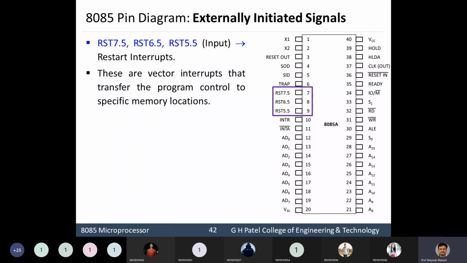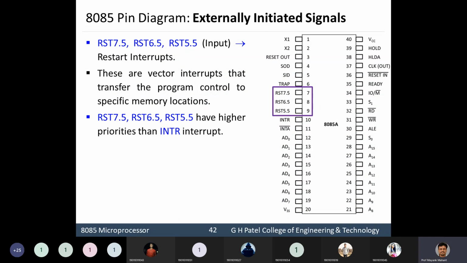That's why they are called vector interrupts. Vector interrupt means it has a specific memory location where the interrupt subroutine is written. So whenever the interrupt occurs, the program counter is loaded with the value corresponding to that interrupt.